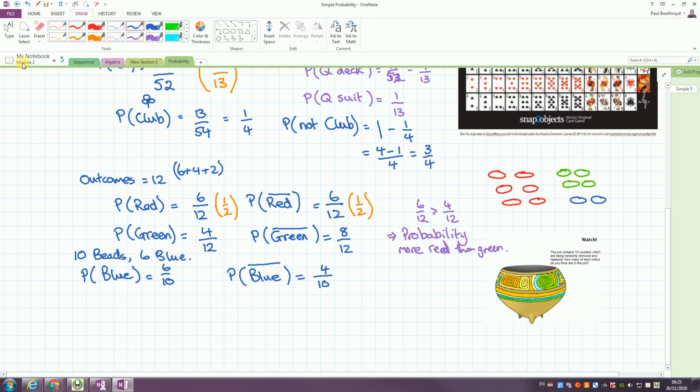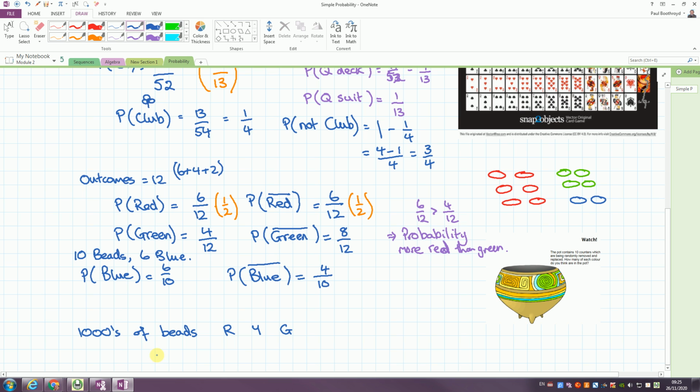A different pot might have another situation where we know there's thousands of beads and we don't know exactly how many. And there's red, yellow and green in there.